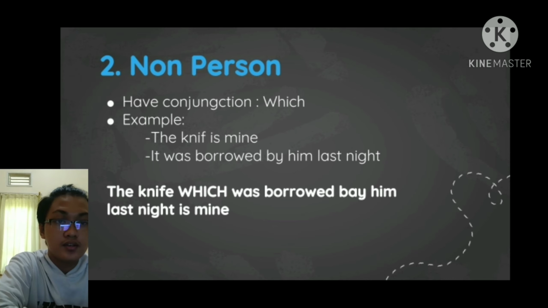It in here explains about the knife, and we change it with which, and then we put the second sentence after knife and is mine at the last of the sentence, and then we get the final sentence: the knife which was borrowed by him last night is mine.